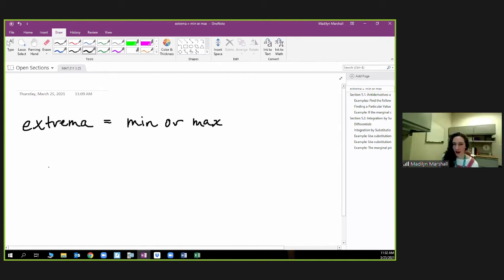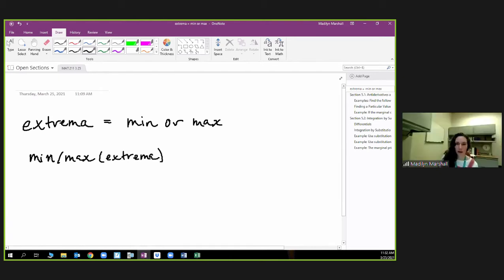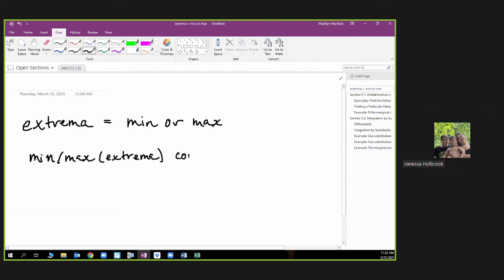The next question, which I'll start with the first question in the chat, is: are the extrema found in the second derivative? So finding min and max, or extrema, those come from the first derivative.